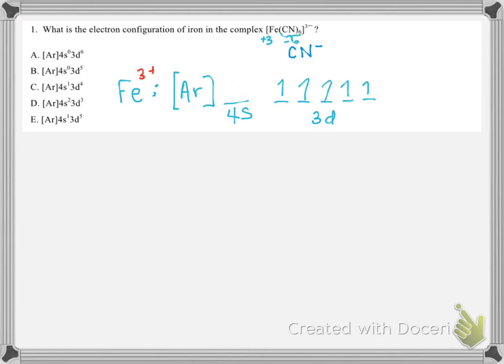So the configuration for our iron ion overall is going to be this argon core, 4s0. Sometimes we just don't write that in, but here in the answer choices they have included it. And then 3d5, making the answer choice here B correct.